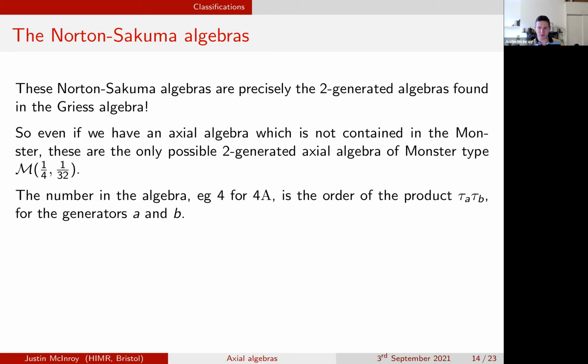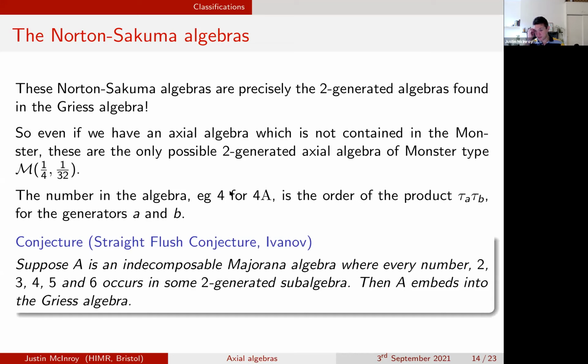Let me give you something of an idea of what these numbers are for. These numbers represent the order of the product of the Miyamoto involutions. These algebras are two-generated. You take the two generators, you look at the Miyamoto involutions, and you multiply them, and that is some group element, and the order of the product is the number. So the orders were 1, 2, 3, 4, 5, and 6.